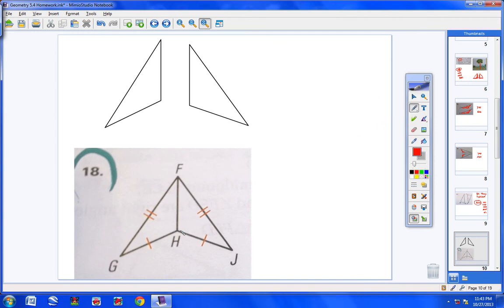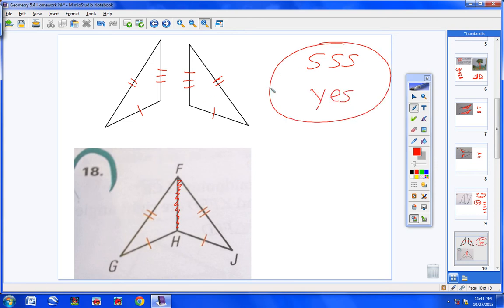Now notice we have 2 tick marks here and 2 here, 1 slash here and 1 slash here, and these two triangles share this side right here, so I can say this side here is congruent to this side here. So look, what do we have? Side, side, side. Three sides of one triangle congruent to three sides in another triangle. So yes, we can definitely state that these two triangles are congruent by side, side, side.